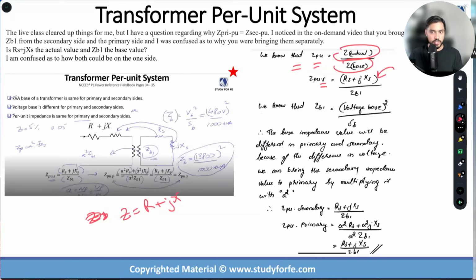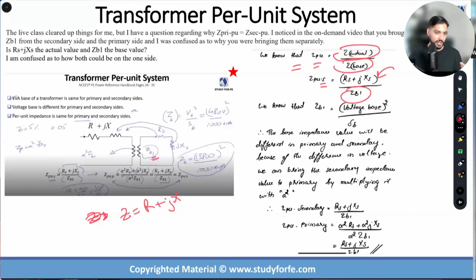So you agree that Z actual will be the sum of the resistance on the secondary, plus jX, the inductance on the secondary, divided by the base, ZB1. In hindsight, maybe a source of confusion for the student was that I used ZB1. I should have probably called it ZBS.